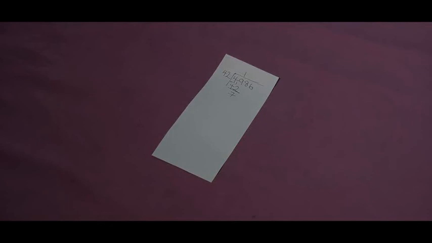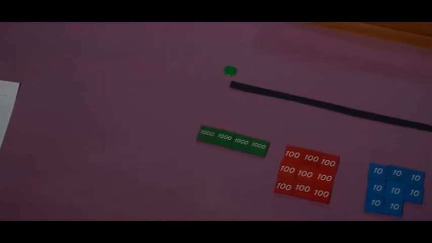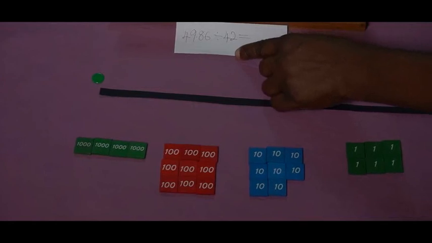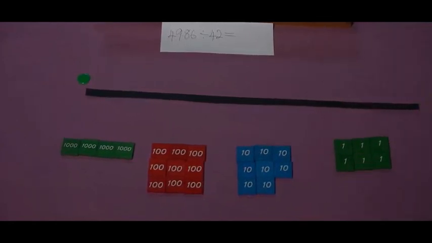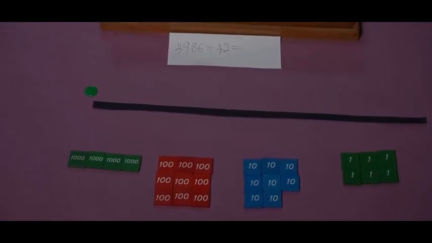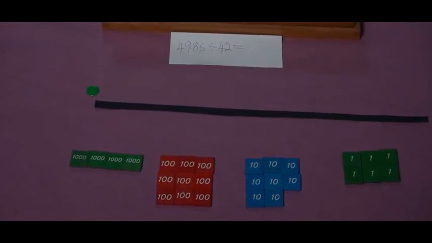Okay, now before we go on paper, let's cross-check with the sand game material whether you are right or wrong. So the sand game material, this is the problem you are doing on paper, correct? Yes. Okay, now use the sand game material to cross-check what you've done on paper. Look at your thousands. 4.